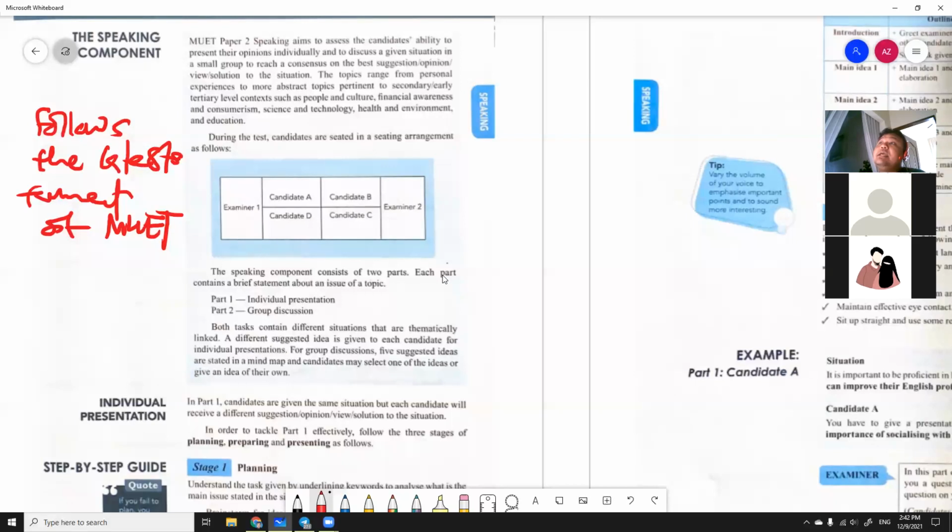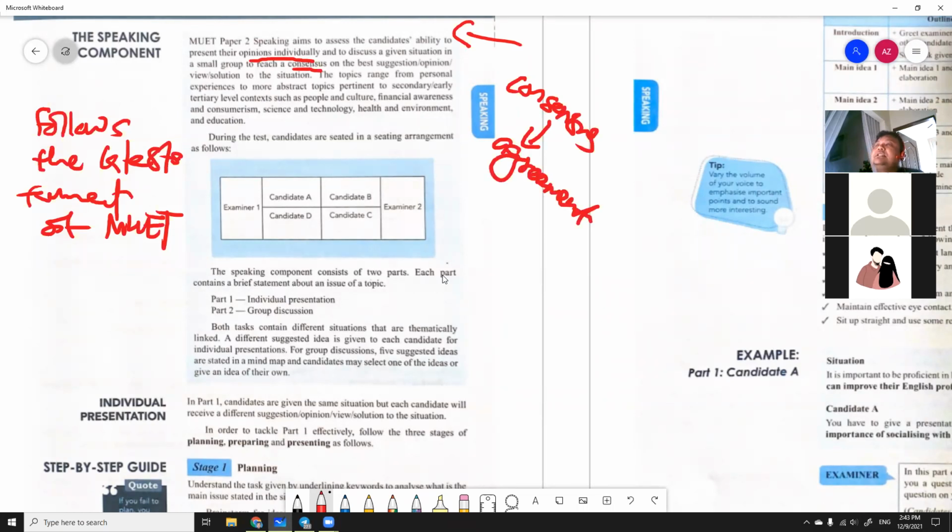As you can see here, the reason you are going to sit for your MUET paper is because it wants to test the candidate's ability to present their opinions individually and to discuss a given situation in a small group to reach a consensus. Consensus here means agreement.